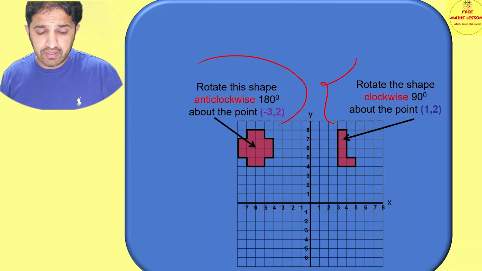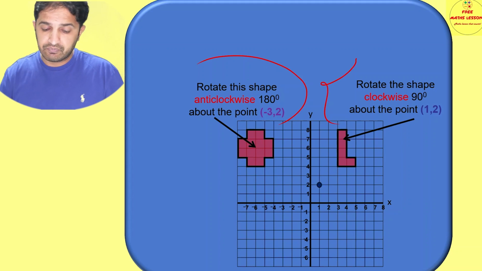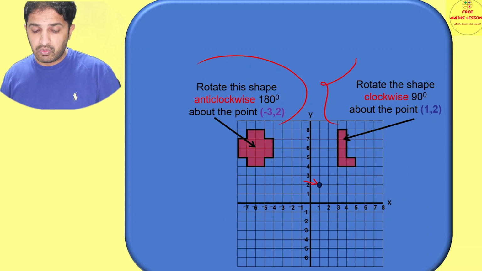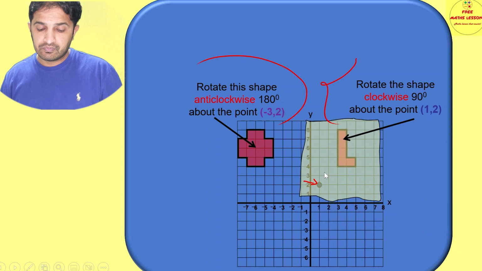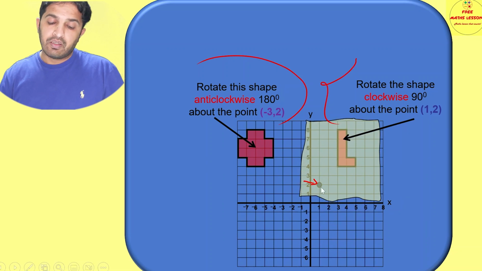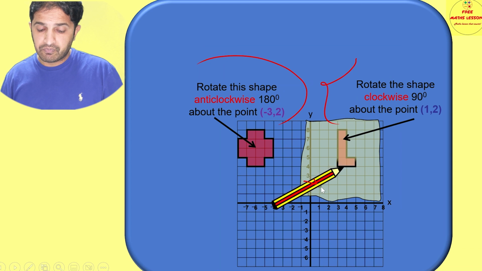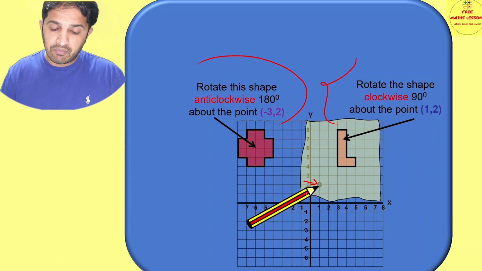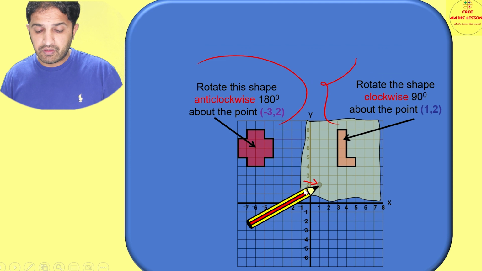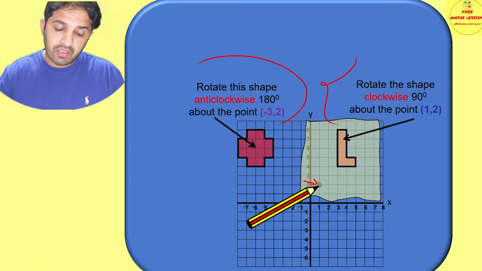Rotate the shape clockwise 90 degrees about the point 1, 2. So first we mark the center. So we marked our center there, which is 1, 2. 1 across, 2 up. And then what you need to do is use tracing paper. As we talked about earlier, sketch the shape. And then hold the tracing paper where the center is, and then turn it around.